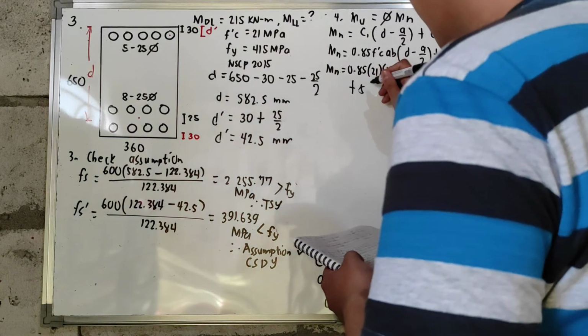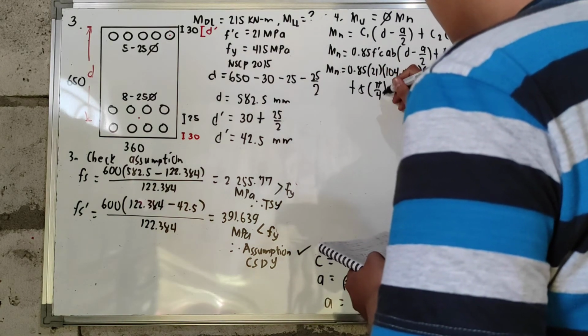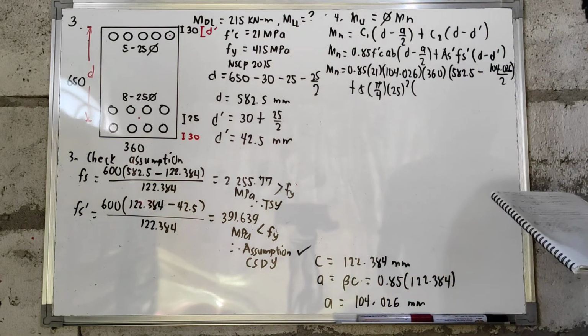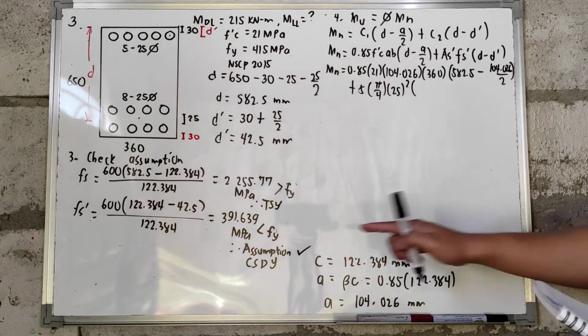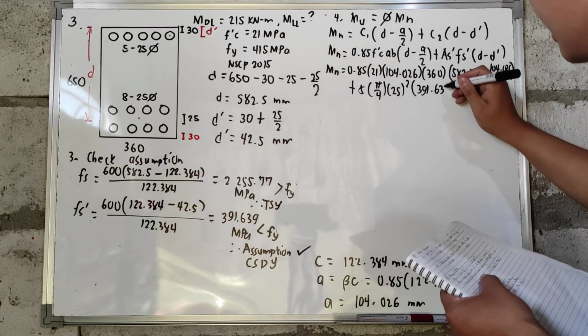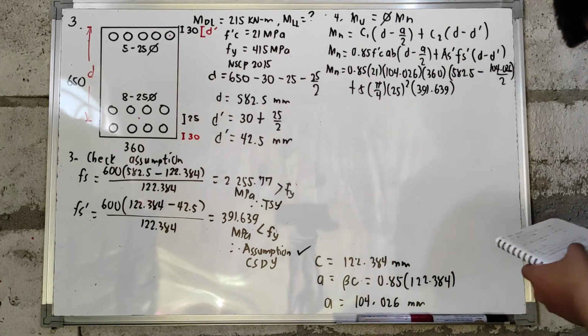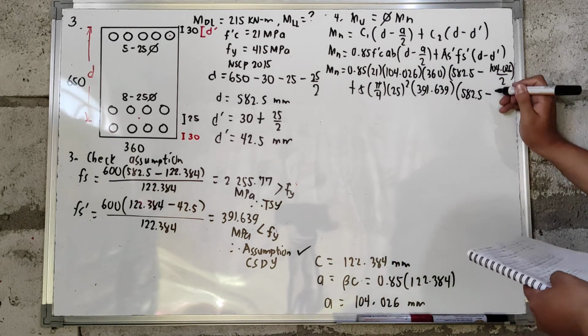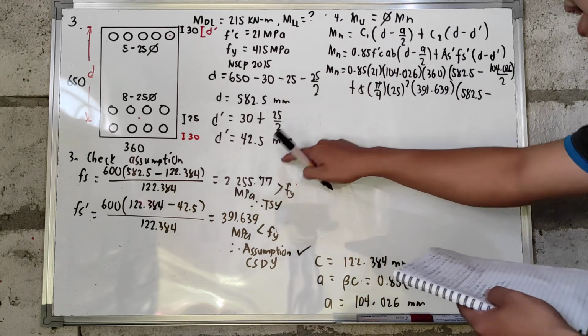Meron tayong 5 piraso ng 25 mm diameter bars multiplied by the value ng Fs' natin, which is equal to 391.639 multiplied by the moment arm na 582.5 minus yung D prime natin na 42.5.